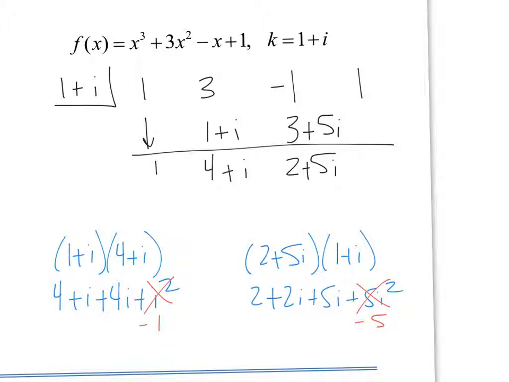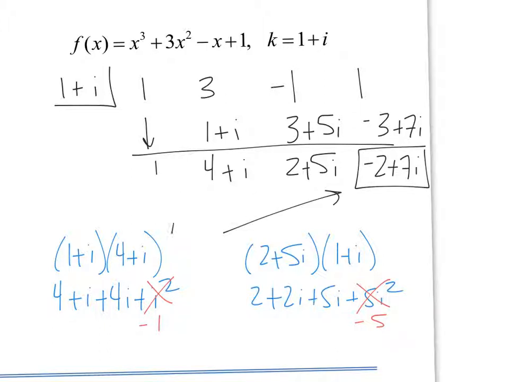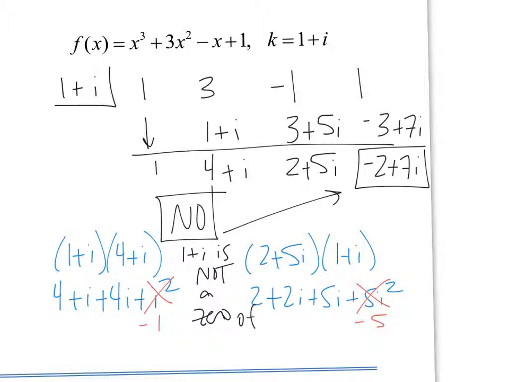So I'm just going to combine my like terms, and I get -5 plus 2 is -3 plus 7i. That gives me -2 plus 7i. And the fact that that is not 0 means that no, 1 plus i is not a 0 of the poly.